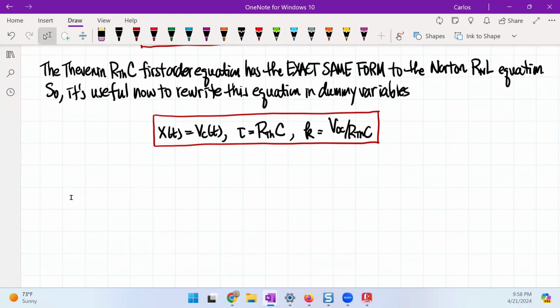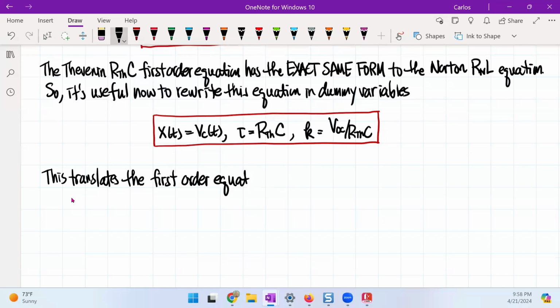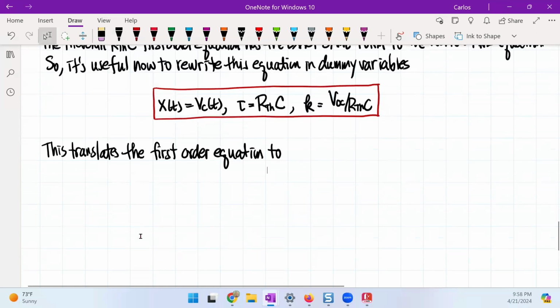Well, this is going to be new nomenclature for the first order equation. So this translates the first order equation to this.